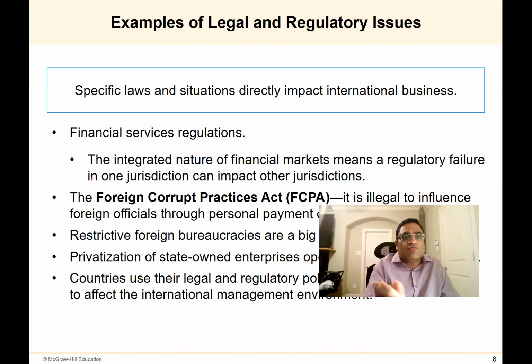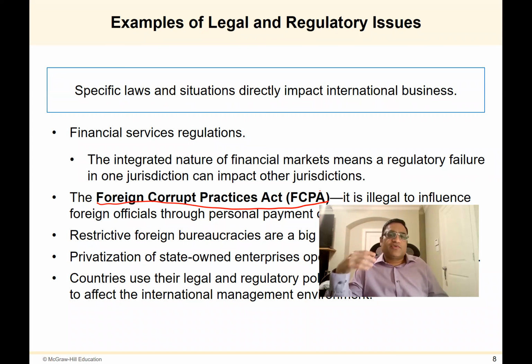And then there is something called the Foreign Corrupt Practices Act. This is an interesting thing, meaning you cannot influence foreign officials, you cannot bribe them, so on and so forth, to get the permits and to get things done. And as a business, there are loopholes to this, which is consultants. Sorry to say this, but let's say Walmart cannot bribe officials in China, but they could hire a consultant.